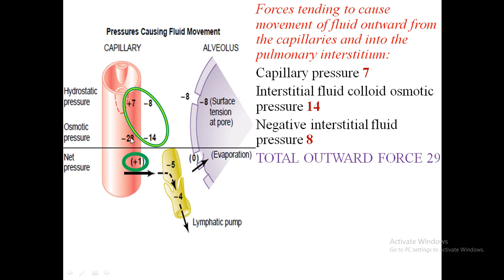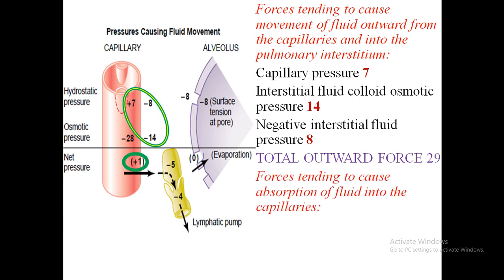While the total inward force is minus 28, the force tending to cause absorption of fluid into the capillaries, the plasma colloidal osmotic pressure, comes to 28 with the negative sign.